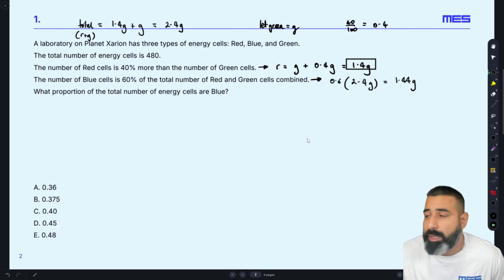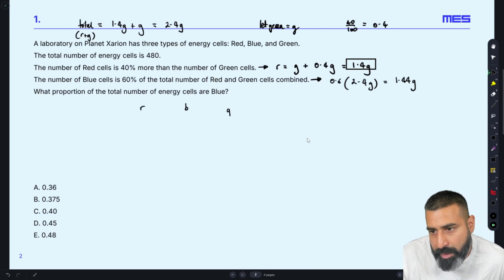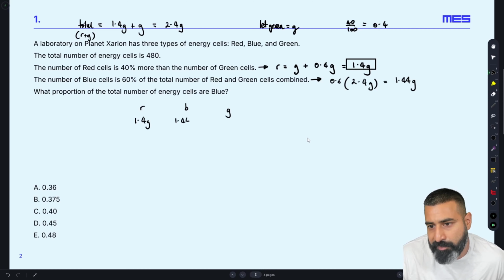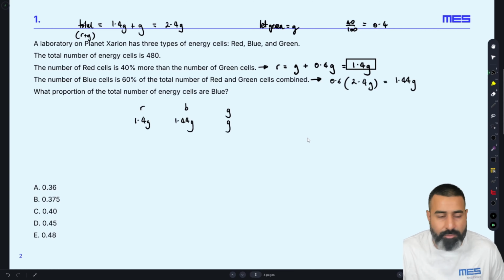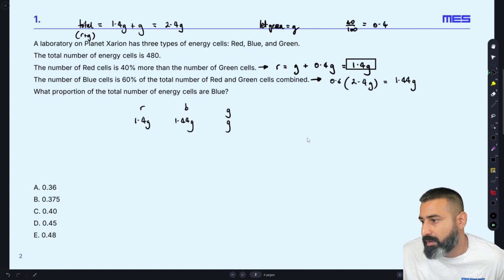Okay, so we know the total number of energy cells. So what we're going to do here is, it's like a ratios question. So we've got red, blue and green. So we know that red is expressed as 1.4G. We know blue is 1.44G and green is just green, right? So what we're going to do is just add all of these guys up, but they're all in terms of G, so no dramas.